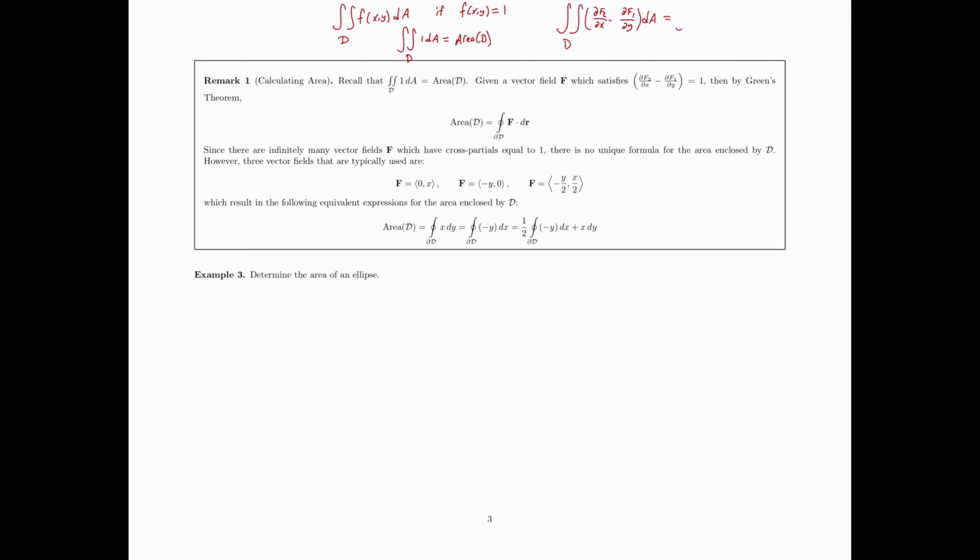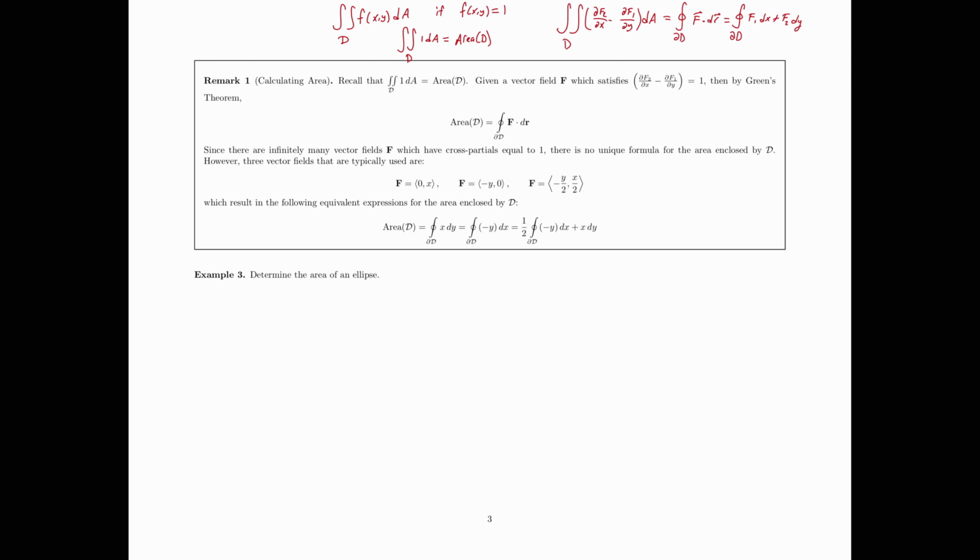This equals the line integral around the boundary of D of our vector field F dot dr, if you want to write it in that notation, or equivalently f1 dx plus f2 dy, where of course f1 and f2 are the first and second components of our vector field, capital F.